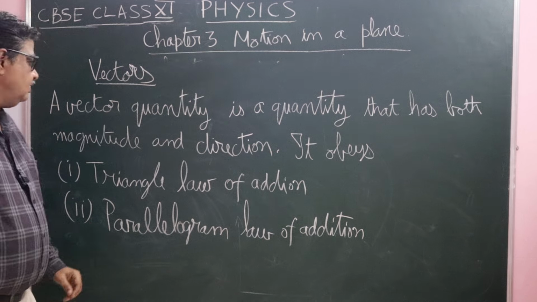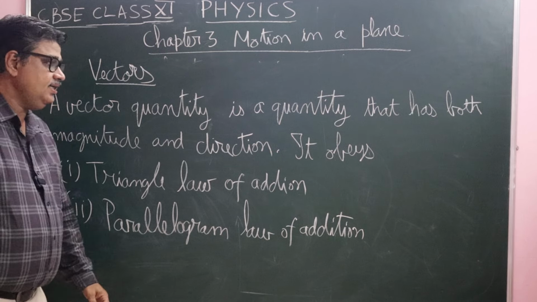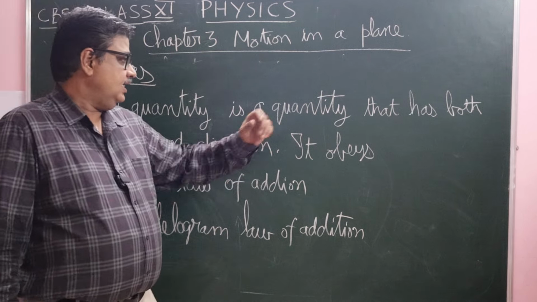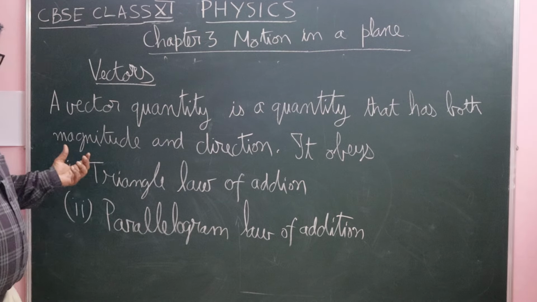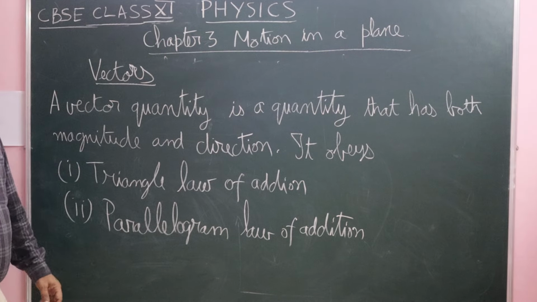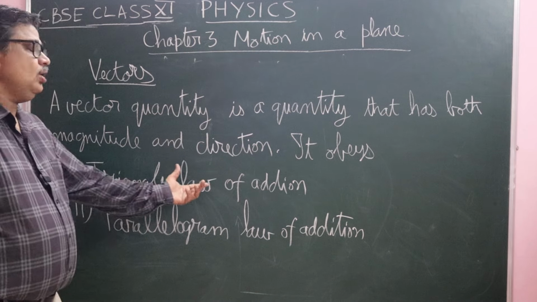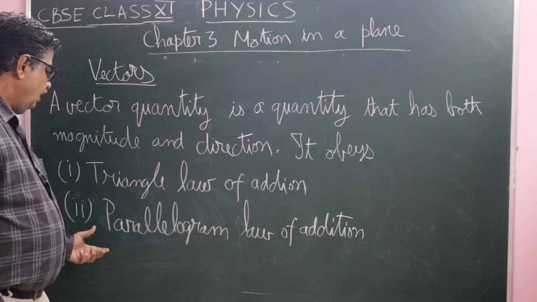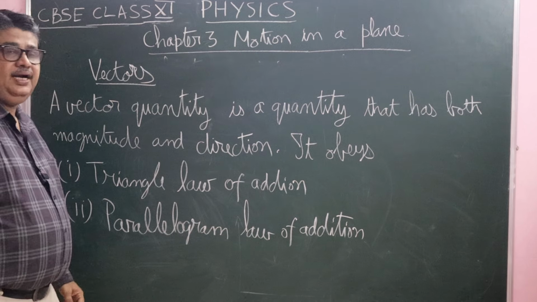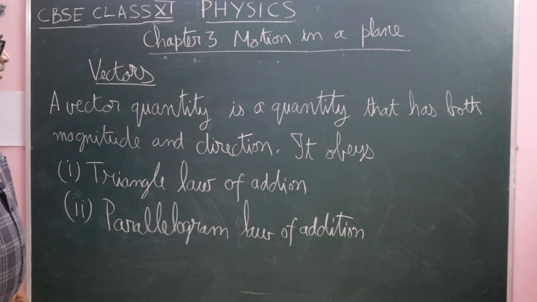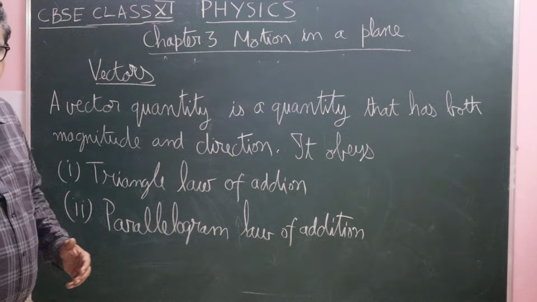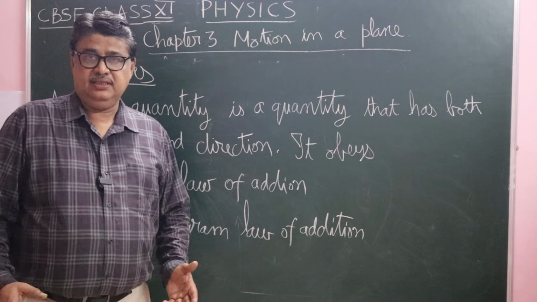Now vectors. A vector quantity is a quantity that has both magnitude and direction. It obeys triangle law of addition and parallelogram law of addition. What are the examples of vector? Velocity.